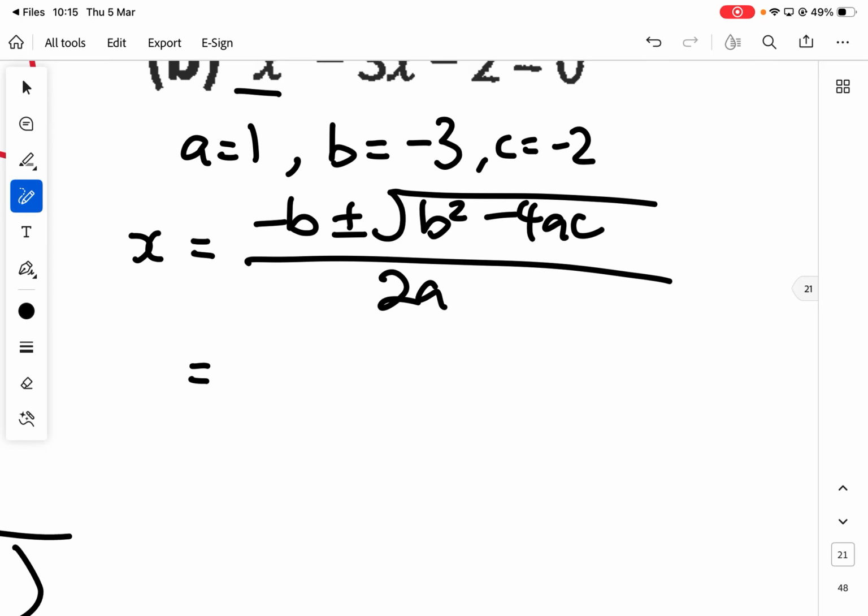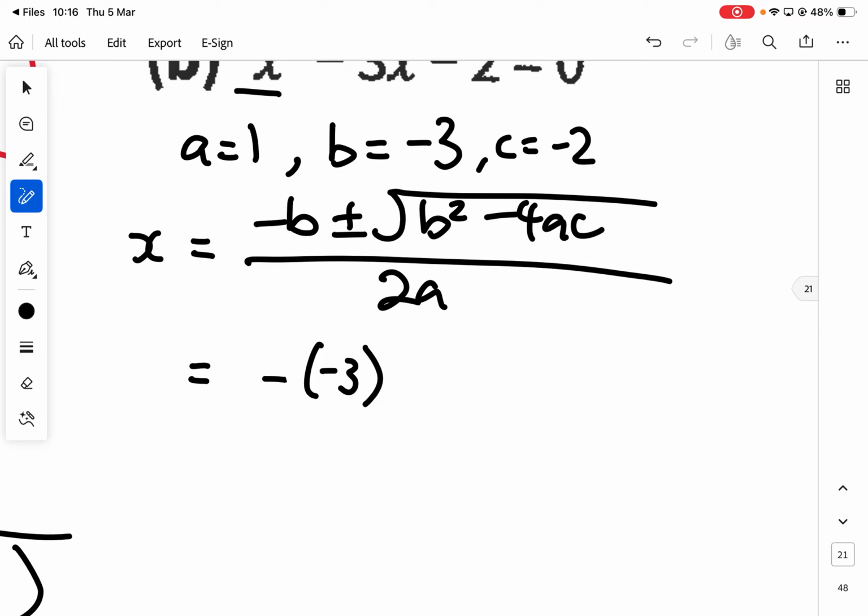Okay, this question will show you why the bracket is very important. Negative of b, so I must copy the negative sign. I must replace with a bracket. Then b is negative 3, so I put my negative 3 inside. If you don't put your bracket, you may get the sign wrong here.